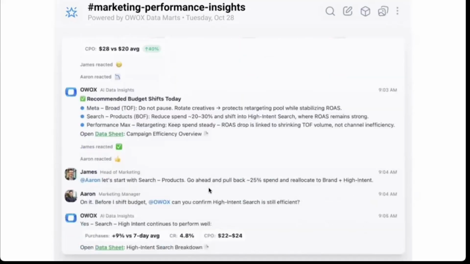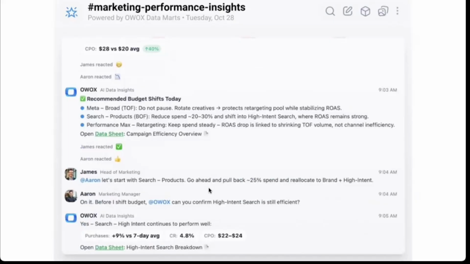And here is how it goes. So we see the problem. We see that the search and search product campaigns have a recommendation to reduce the spend. And we have a team, the head of marketing, the data analyst, and the marketing manager, involved in this process.